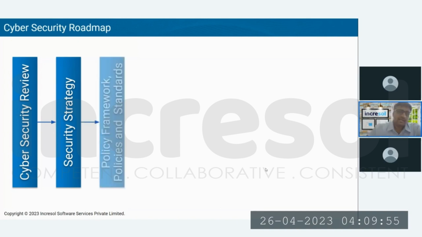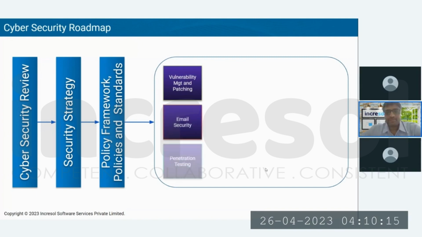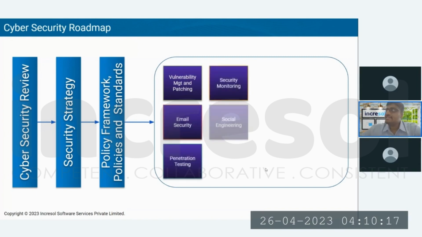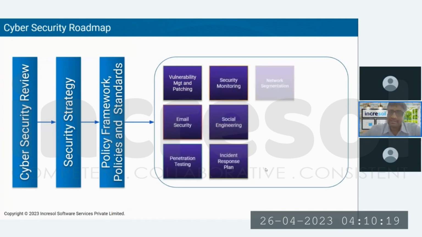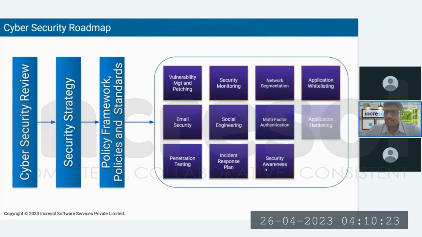And then the next step is you define your policies and frameworks on top of it, so that the next generation or the next level of people also follow these policies or the documentation that you have prepared, whenever they are adding new systems or making any changes with respect to the security aspects. These policies or frameworks consider the different vulnerabilities of the security aspects we need to consider, like penetration testing, security monitoring or social engineering.